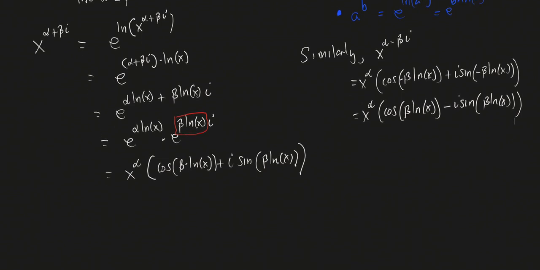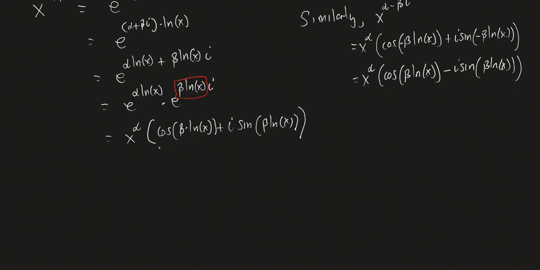But when we apply our superposition principle, and I take any constant times this plus any constant times this, we have a couple duplicates, right? Because we have x to the alpha times the cosine of beta natural log of x, and then we have x to the alpha sine of beta natural log of x in both terms. So we basically have this and this as one function, and then this and this as the other function.